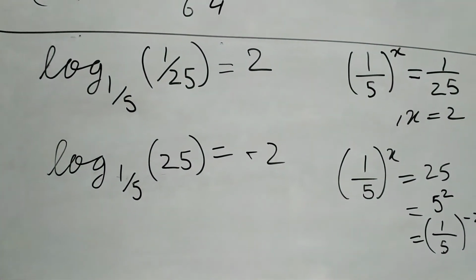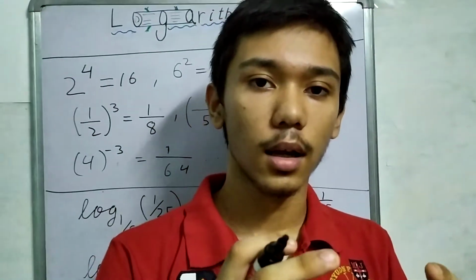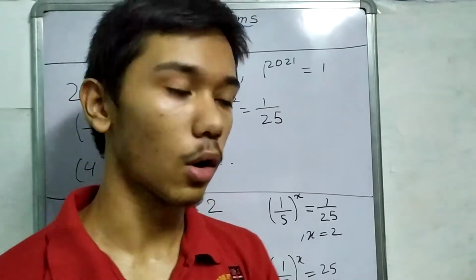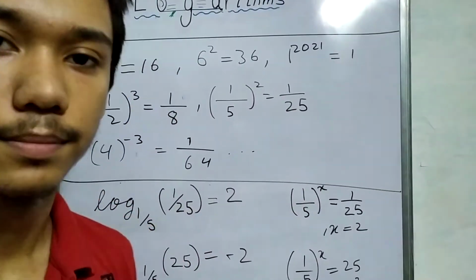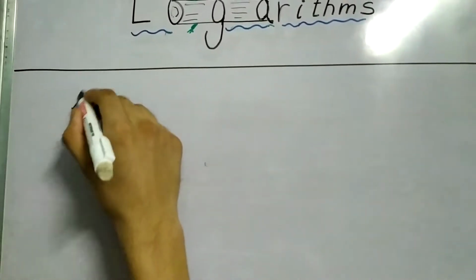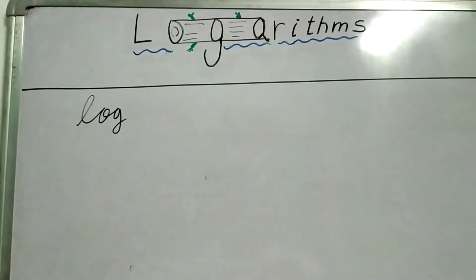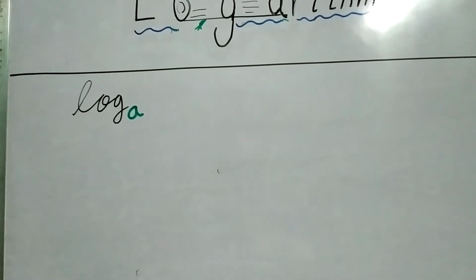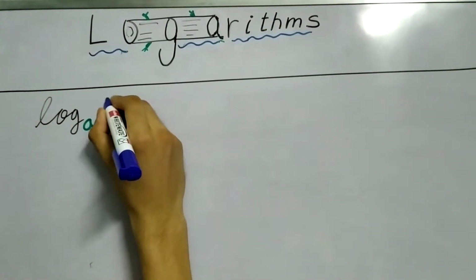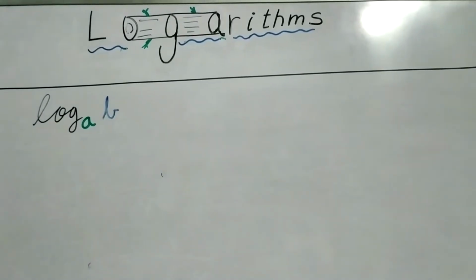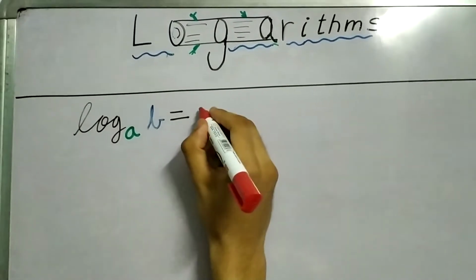Now with some examples in place, let us generalize the log to any base and see what restrictions we have. Say we have log to some base a of b equals x.